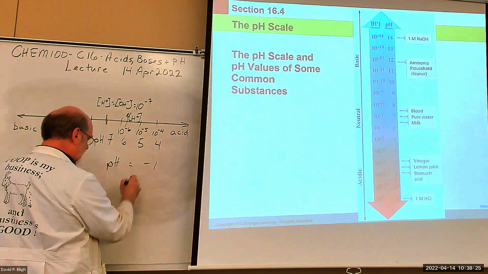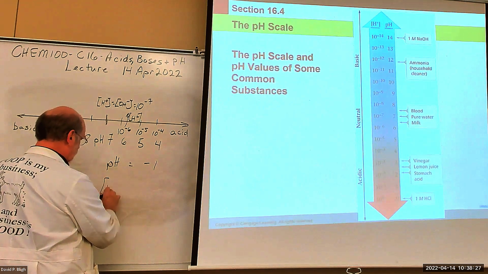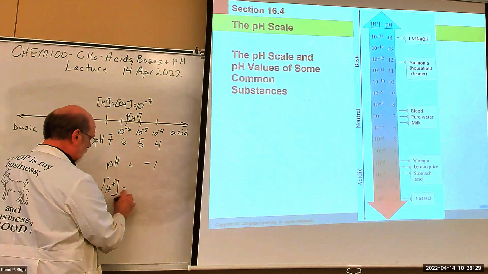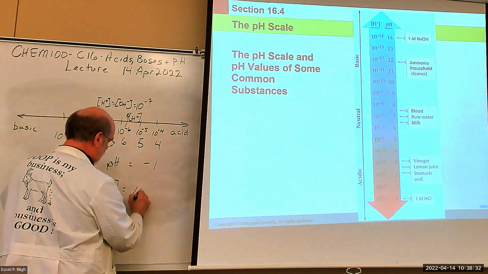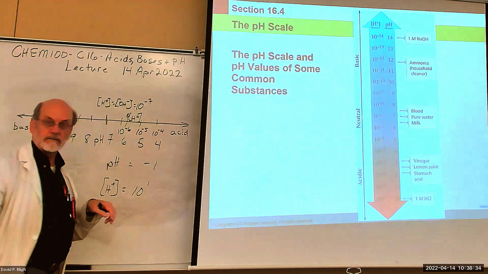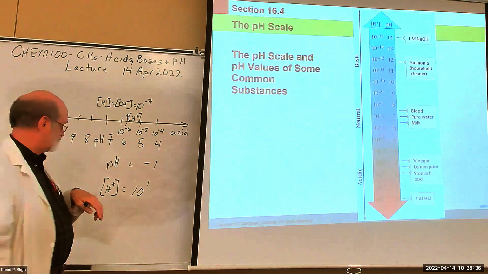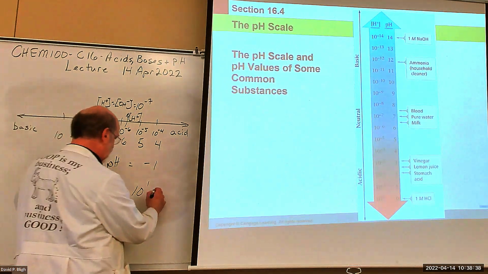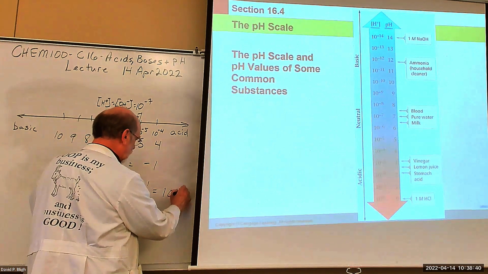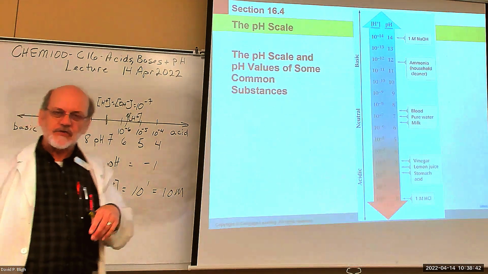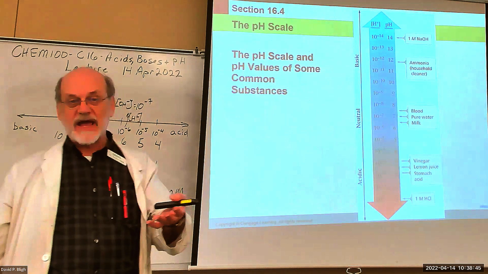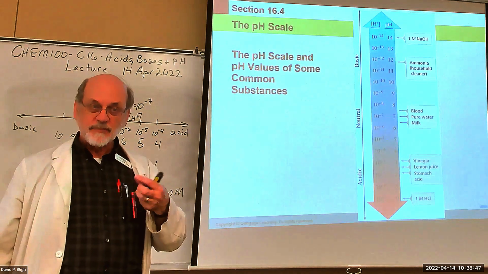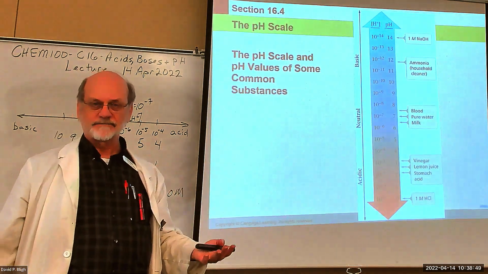Well, take the negative of it, and the hydrogen ion concentration would then be 10 to the first power. Okay? So that would be equal to 10 molar. So if you have a concentration of acid, particularly strong acid, that's 10 molar, the pH can be -1.